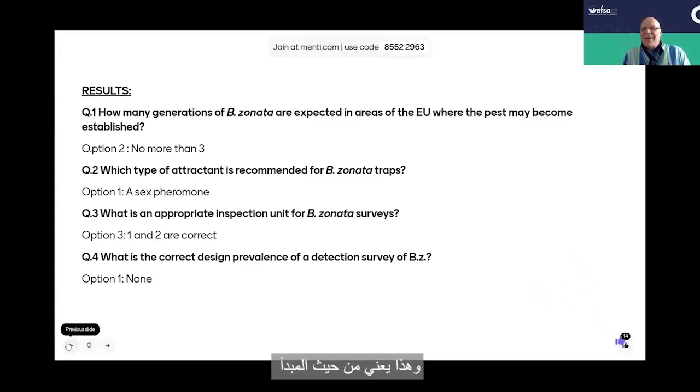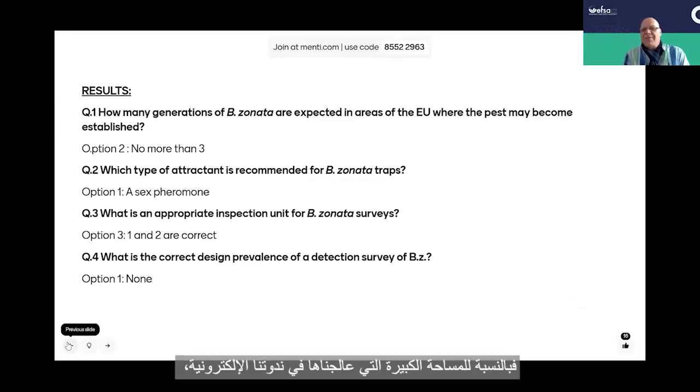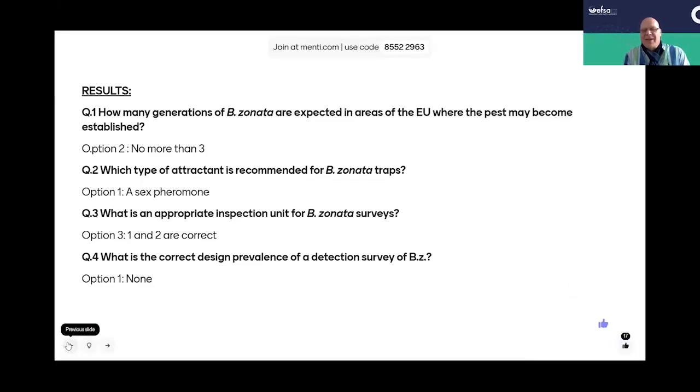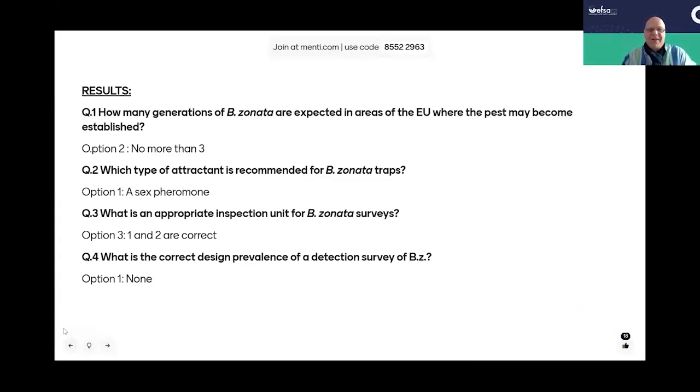So in principle, he was saying that both approaches were useful, while for the large area, which we did not say in our question, for the large area that we had treated in our webinar, it would be more effective to use traps. That's why we're using them, but the appropriate inspection unit is either or.